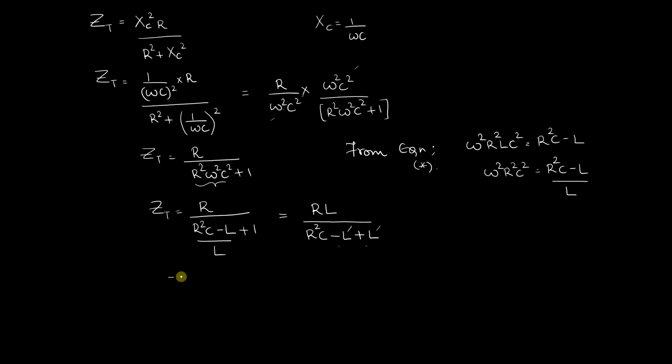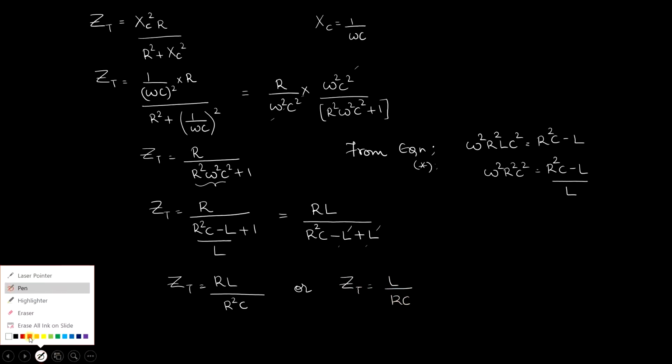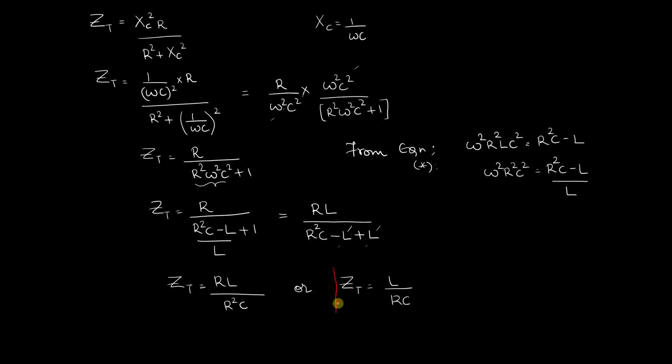So here ZT will be equal to RL divided by R square C, or I can write this as ZT equal to L divided by RC. So this is the expression for the total impedance at resonance.